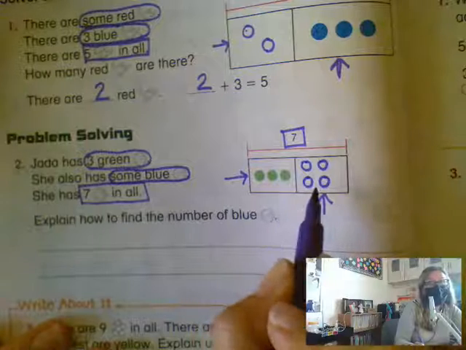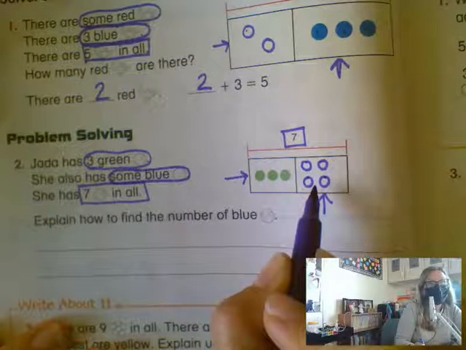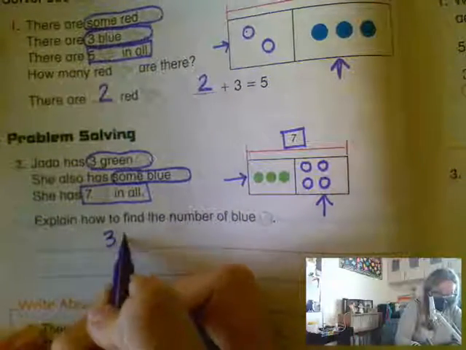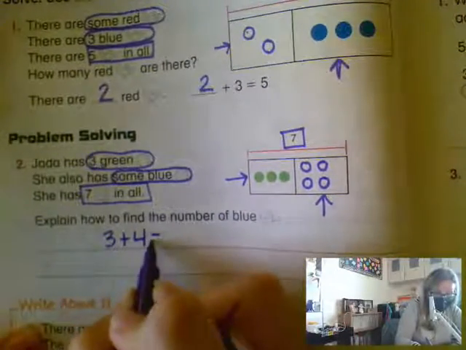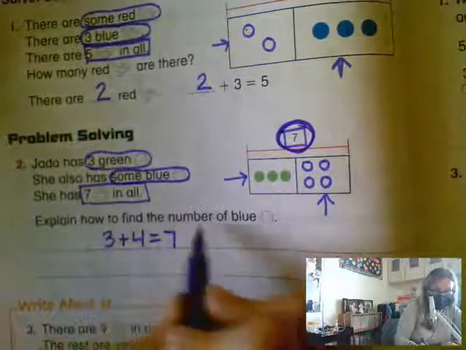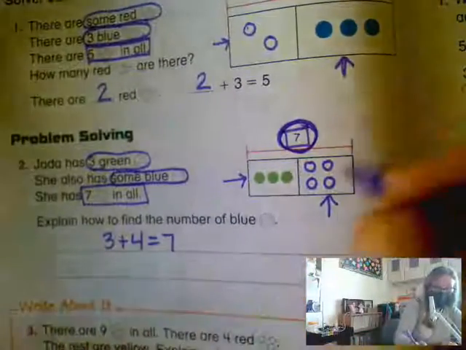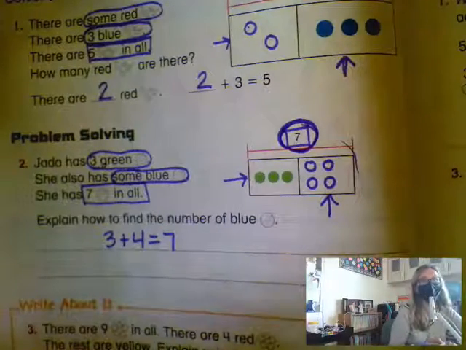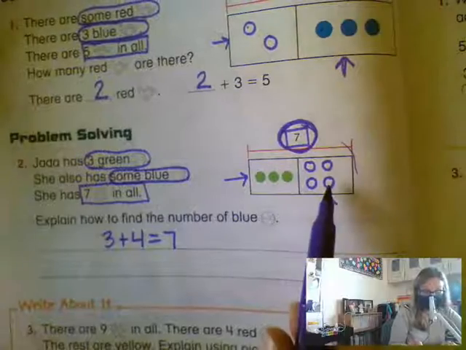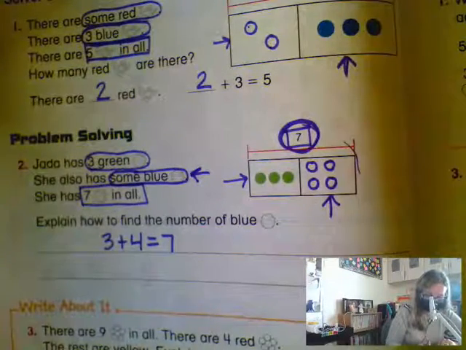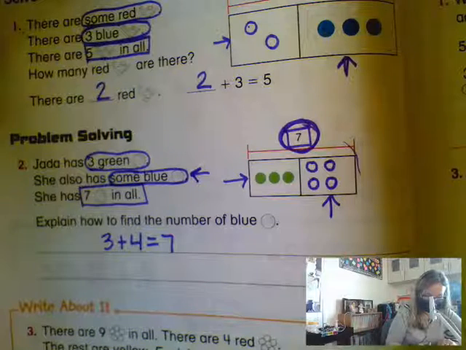How many did I draw? 4. So 3 plus 4 equals 7. And it says, how did you find the number of blue? Because we looked for the missing part, right? Once we figured out the missing part, we knew what that sum equaled. Okay.